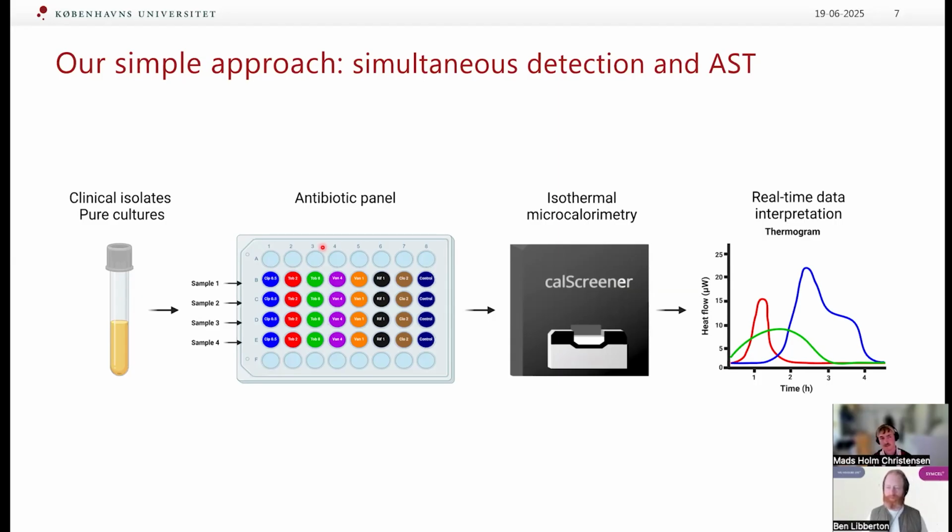So if you see an isolate that is susceptible to a given antibiotic, usually I would also see killing when I do see CFU counts. Yeah. Cool.